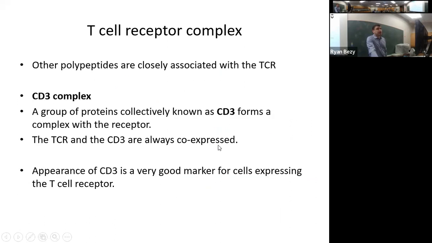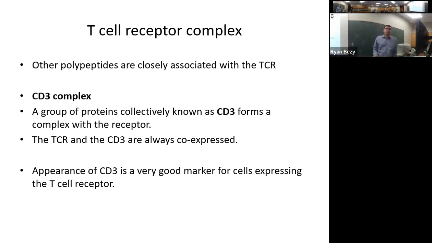Turns out that T cell receptors are also going to complex with what is called a CD3 co-receptor. So T cell receptors always are expressed in conjunction with CD3. And CD3 is a group of proteins that's just collectively referred to as CD3, and it forms a co-receptor. And the T cell receptor and the CD3 co-receptor proteins are always co-expressed together.